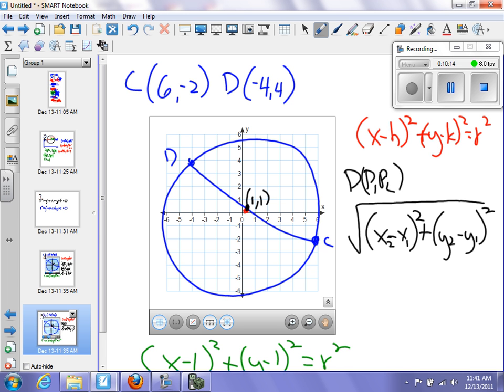Why would we need to use the distance formula if we already found the center? Because how am I going to know what the radius is? That's the center, but that's what I meant. Why can't you plug one of the points on the circle into the standard equation of the circle and then solve that for r?